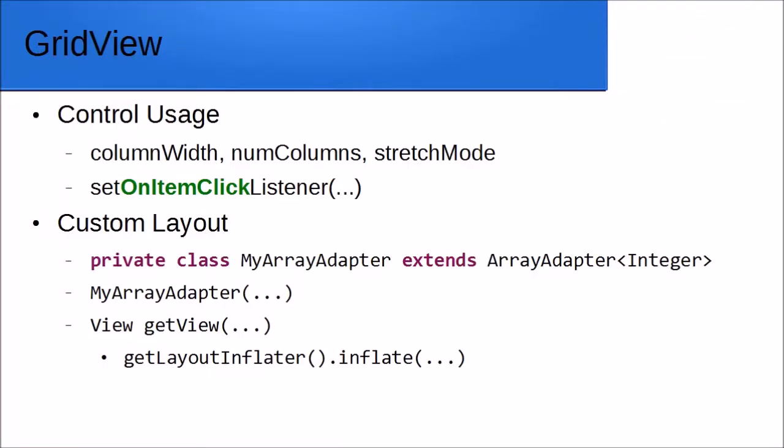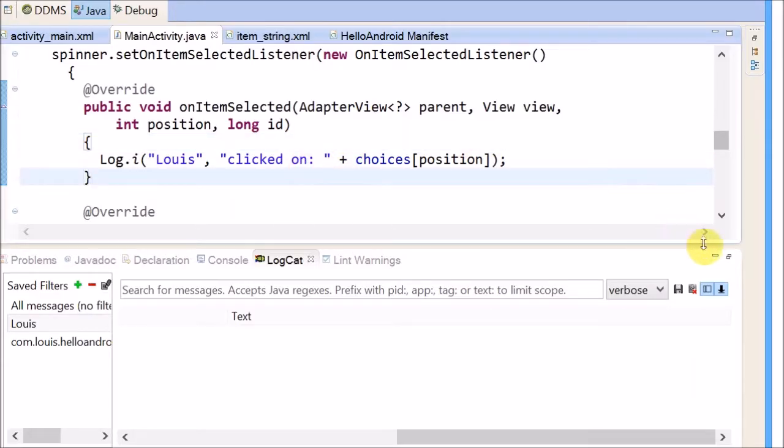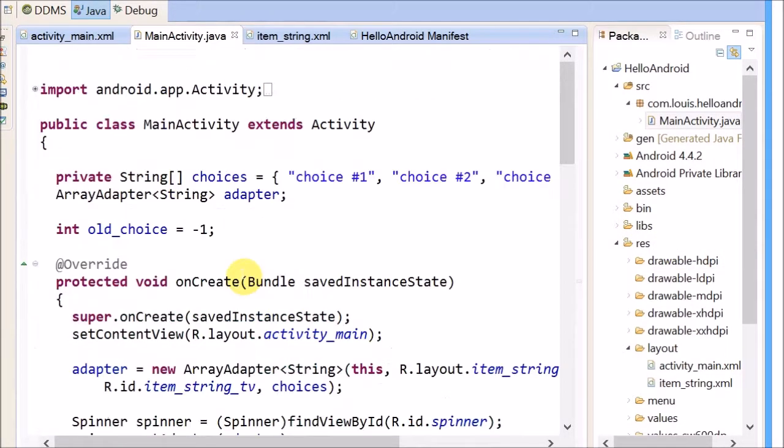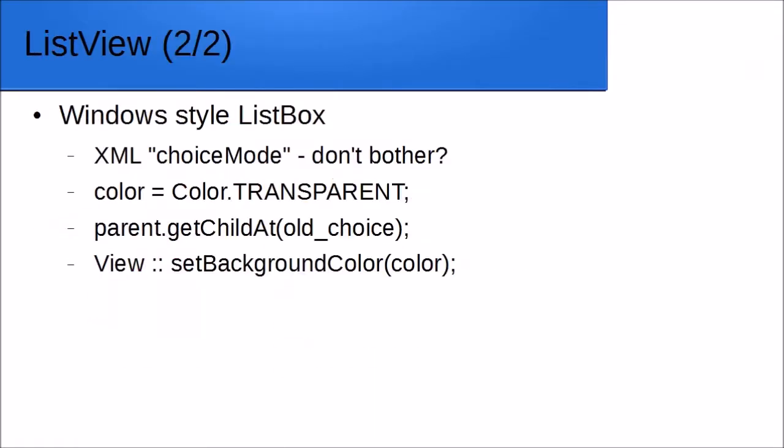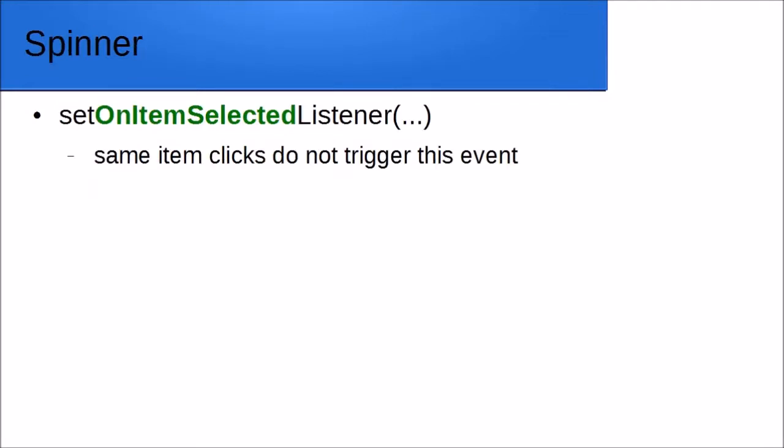Okay, so now I'll go over the grid view. At first, I'll continue the example that I've been using so far, the example that I built up and used in the list view and the spinner example.